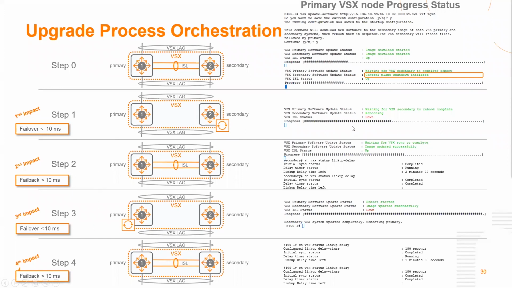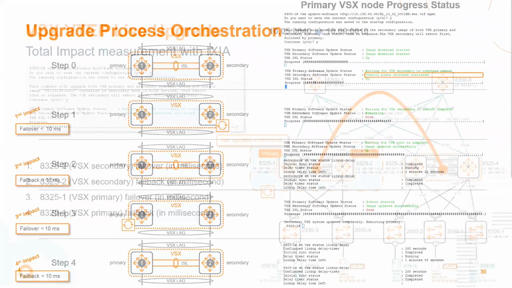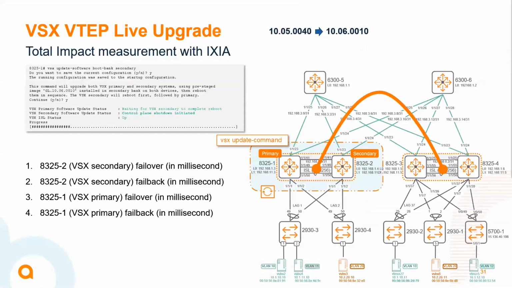Here I see the upgrade will download the firmware from a TFTP server. Yes, here we have the command VS6 update software TFTP, so you can download directly from a TFTP server using this command. Actually, I will use a second, alternative option of that command, which is VS6 update software boot bank secondary.